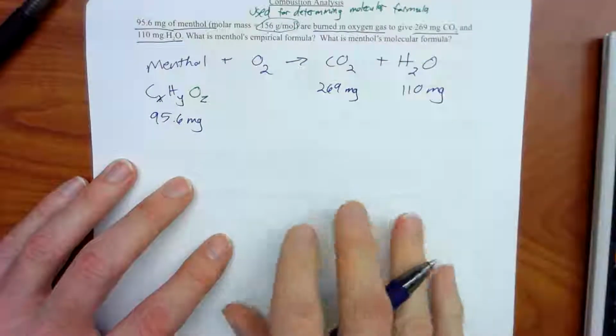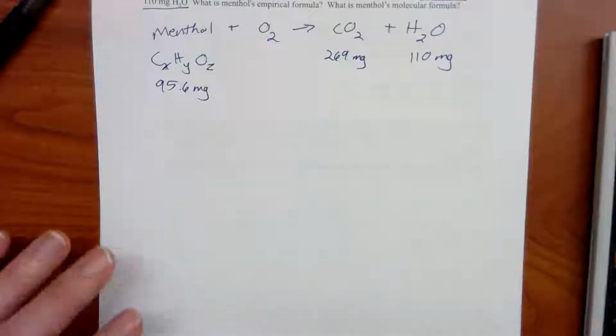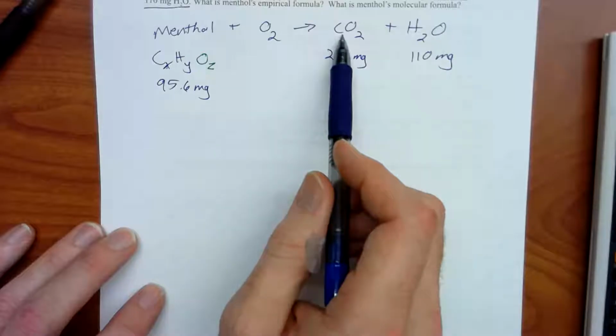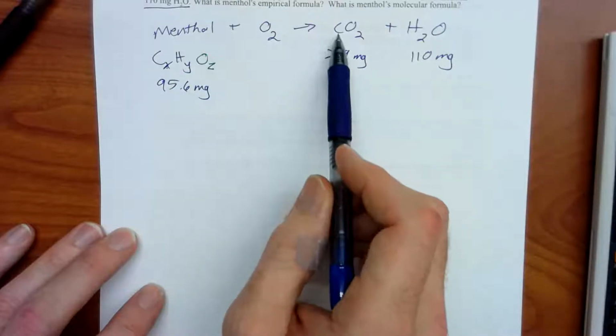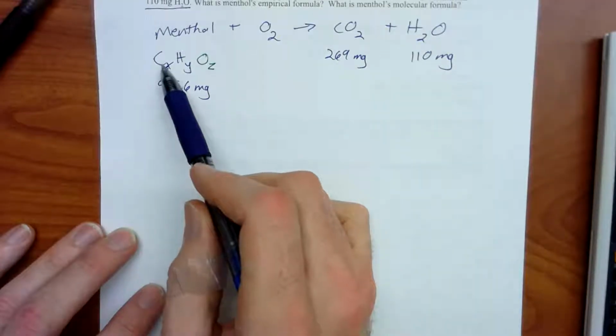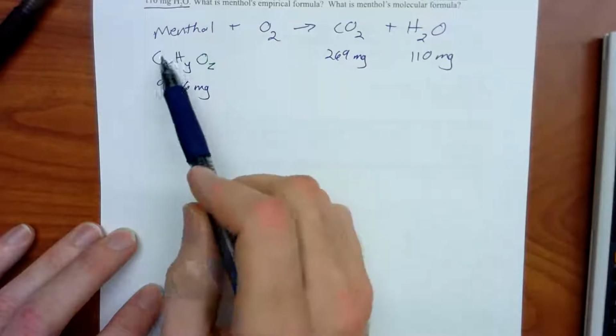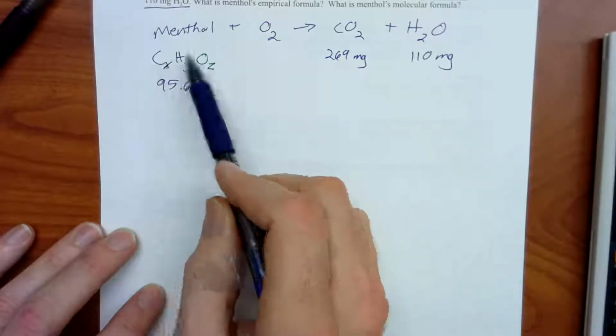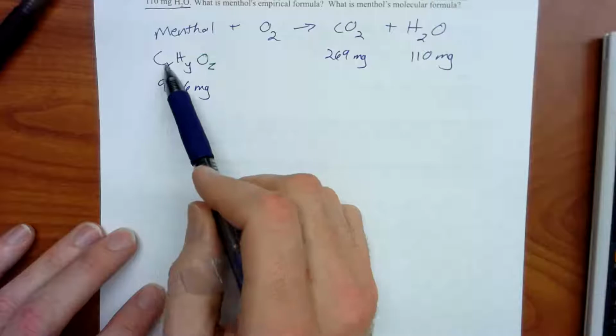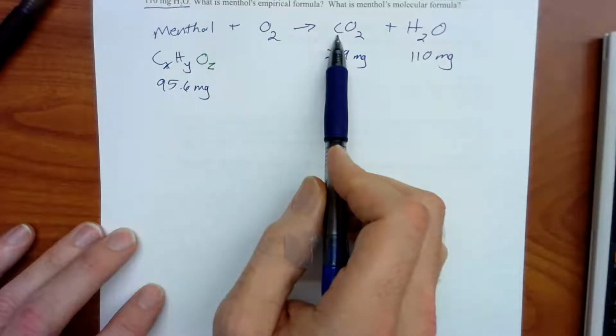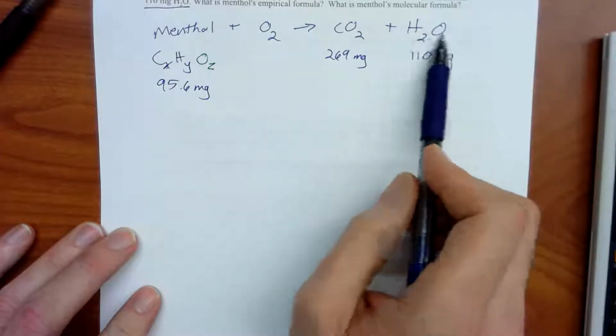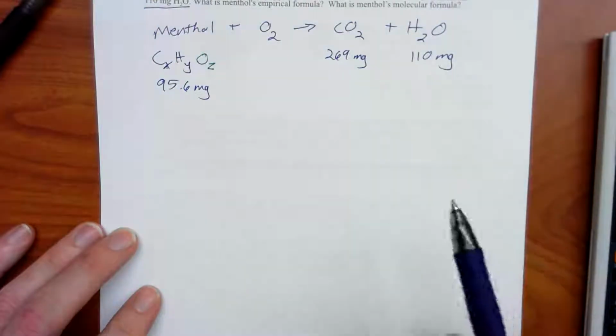milligrams for water. So we know that in combustion analysis we're trying to find the mass of carbon, and the only place that carbon could have gone to is CO2. It couldn't have gone to water because there's no carbon there, so it only went to CO2.